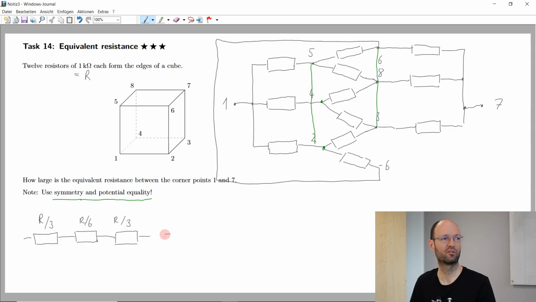So the total resistance, as already mentioned, if we combine this into one equivalent resistor at the end, then it's 5R divided by 6. So the ChatGPT answer in this case is right, and the derivation would be to redraw the circuit and to make use of this node here and use the symmetry and potential equality in this circuit.